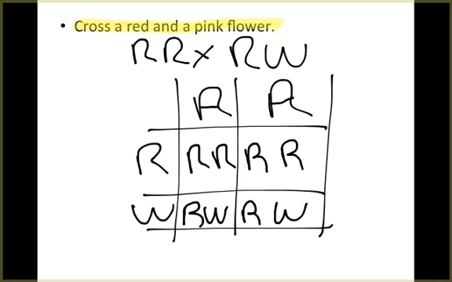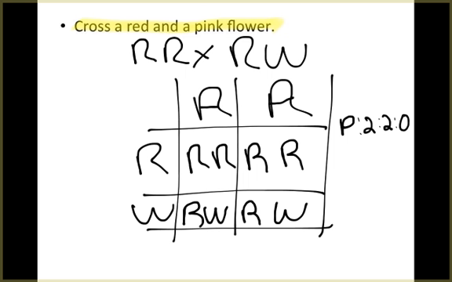I tried, folks. Phenotype: how many are going to be red? How many are pink? And how many will be white? That's all there is to it.